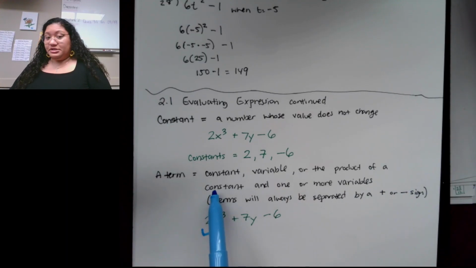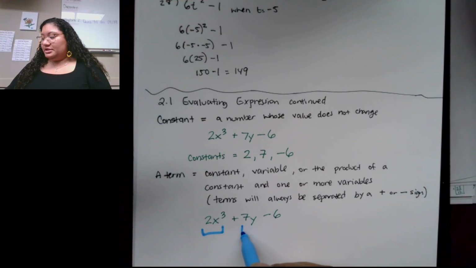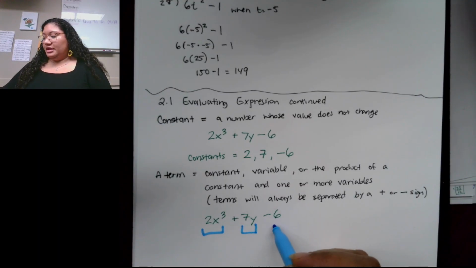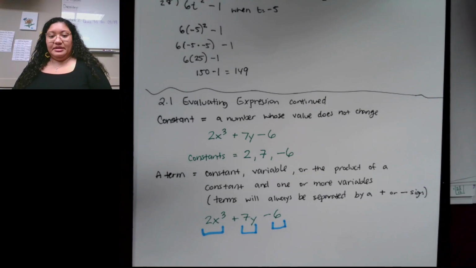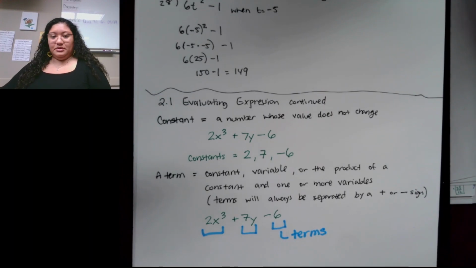It is a constant with a variable, the product of a constant and one or more variables, and it's separated by a plus or minus. This is another term. And this is my last term. These are each my terms. Okay?